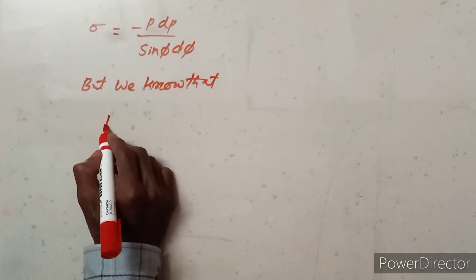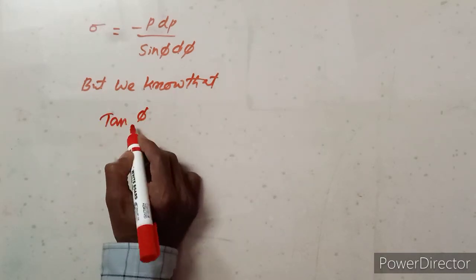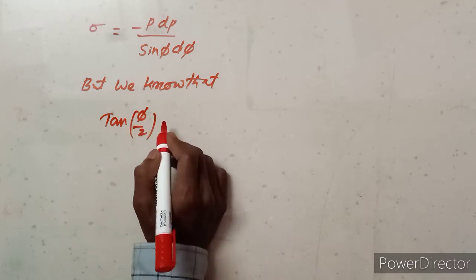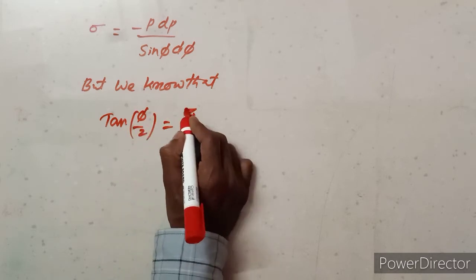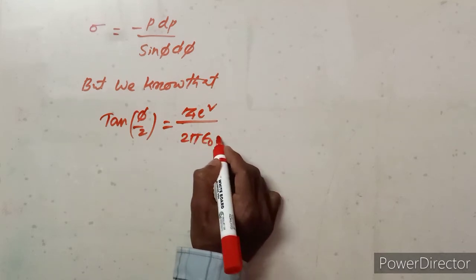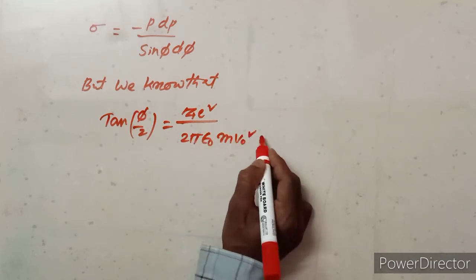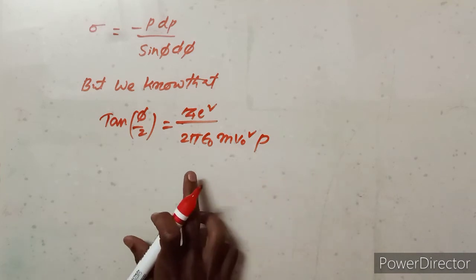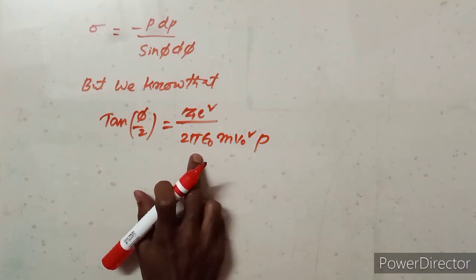But we know the scattering angle: tan of phi upon 2 equals Ze square upon 2 pi epsilon naught m v naught square P. This is the scattering angle.